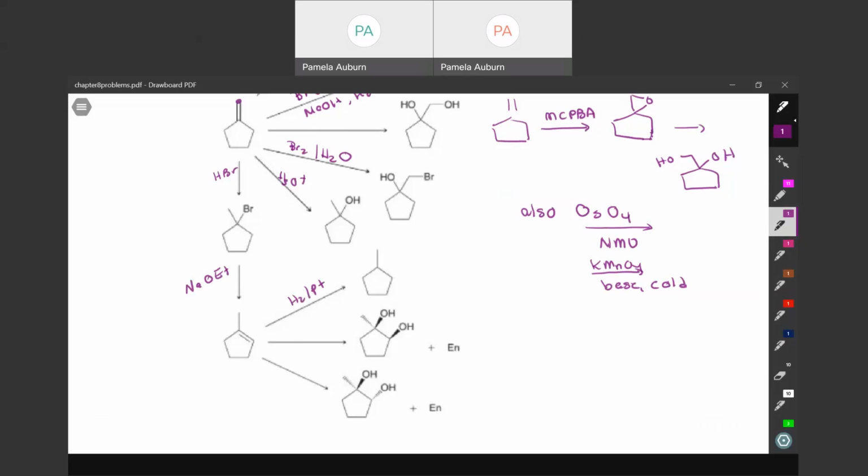And here on the next one, I'm forming now a syn diol. So I'm stuck using either osmium or KMnO4.